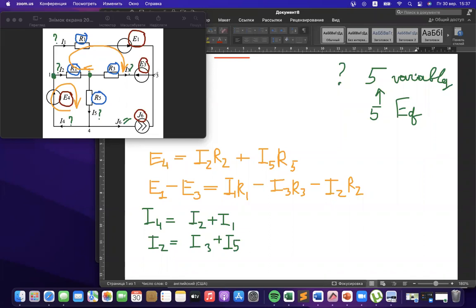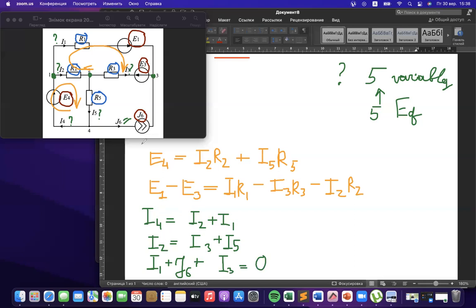And the last one, in point number 3, inflow current I1 plus inflow current J6, which we know, equals I, plus current number 3, also inflow, equals 0. It means that at least one of these currents will be with negative sign. But mathematically, everything is correct.